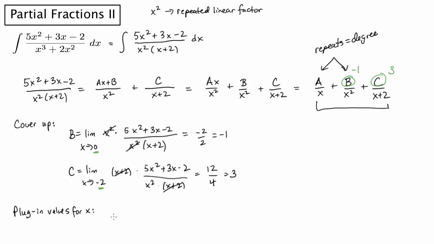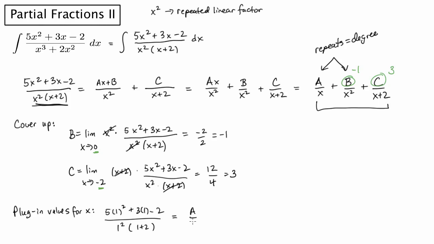If I plug 1 into this side first, then that gives me 5 times 1 squared plus 3 times 1 minus 2 over 1 squared times 1 plus 2. And that should be equal to what I have over here on the right hand side for my decomposition.